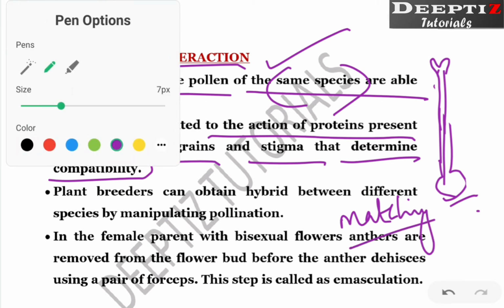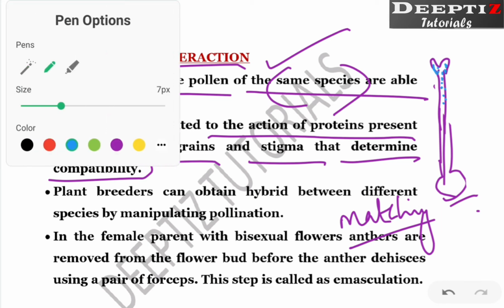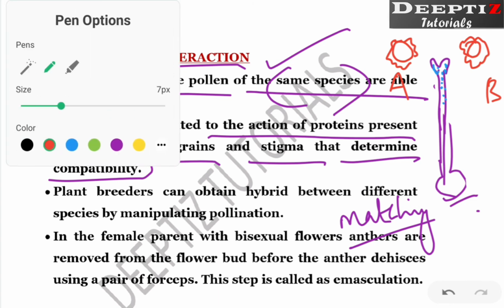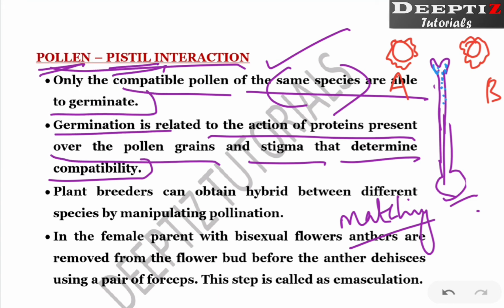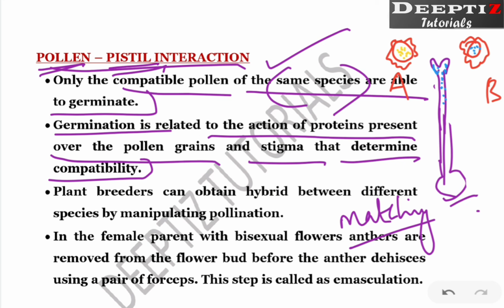There are some proteins which are present in this style or else in the stigma, right? Now two pollens are coming on the stigma. Imagine this one is species A and this one is species B. Now this pollen has some proteins of this type and the other one has a protein of this type.